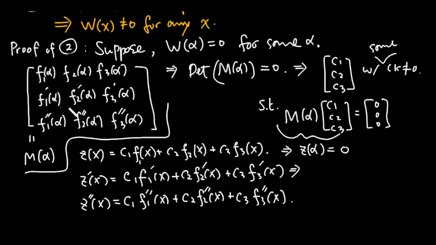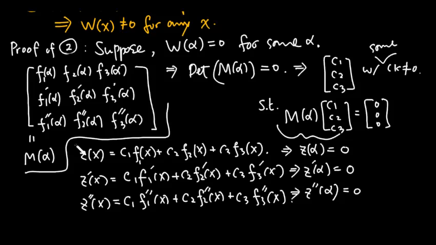With x equals alpha multiplied by this C1, C2, and C3, that will be exactly z of alpha, so that is supposed to be 0. The same for z prime of alpha, which is 0 as well. And z double prime of alpha, the third entry after you multiply this column vector by this matrix, is also 0, so we have this in here.